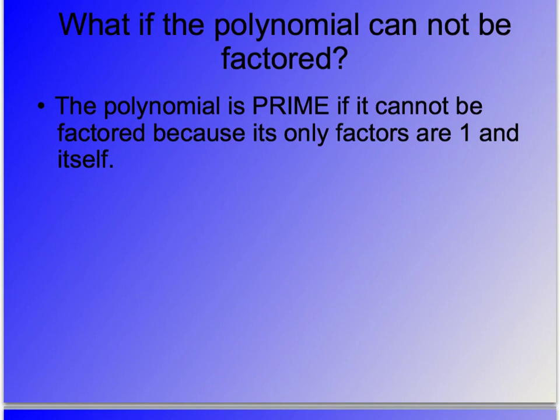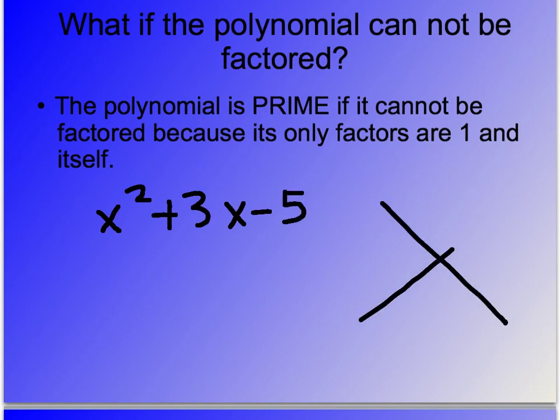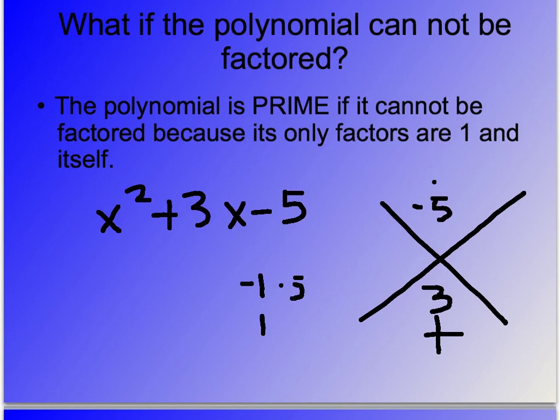So for example, if I had the trinomial x squared plus 3x minus 5, and I was trying to use this organizer on it, that would mean I need a product of negative 5 and a sum of 3. So I know my factors of negative 5 are negative 1 and 5, are positive 1 and negative 5. Neither one of those combinations will give me a positive 3 when I add it. Therefore, this trinomial would be prime.